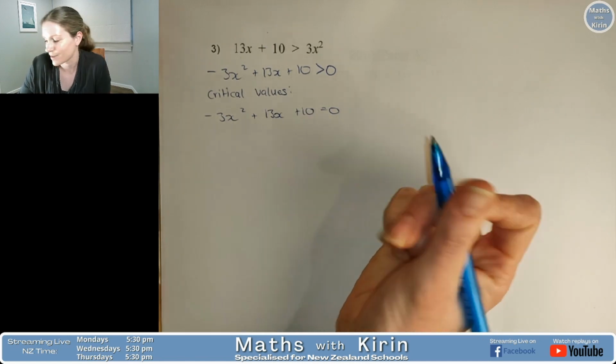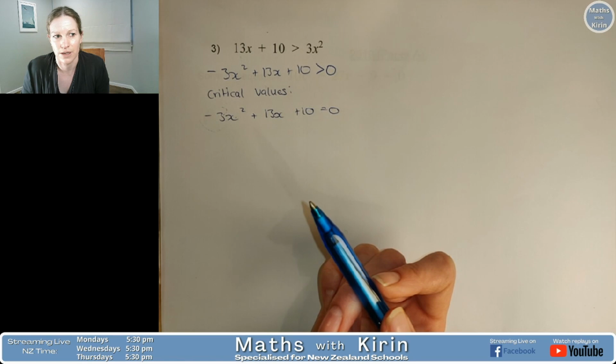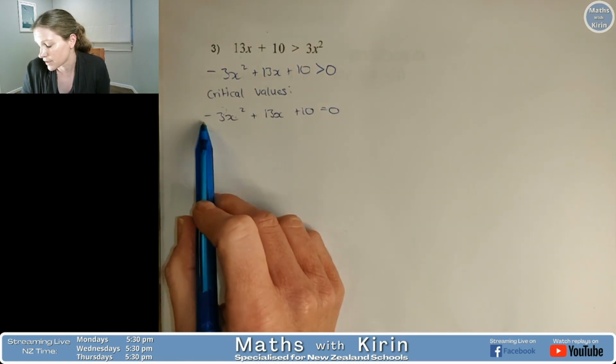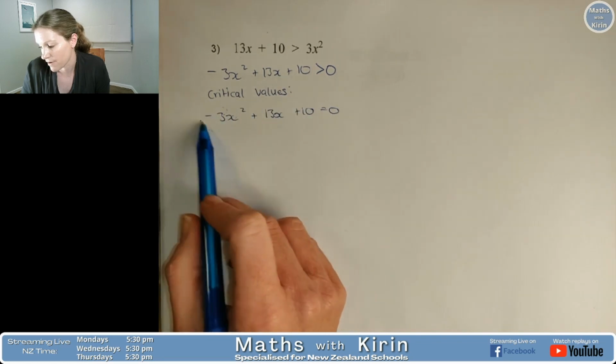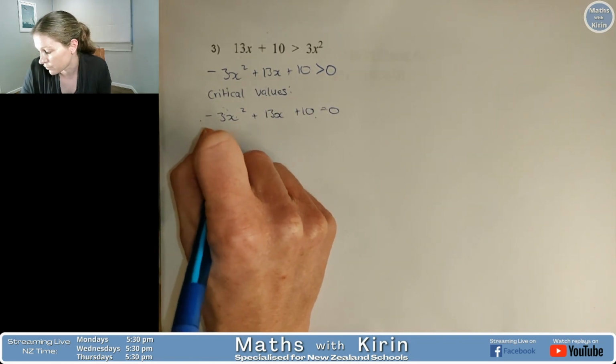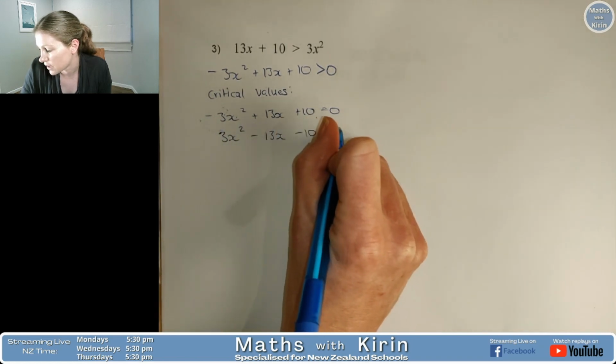Finding those x-intercepts, it's harder to factorise if you have a negative 3x squared. Some people find that quite tricky. So what we can do is multiply everything by negative 1. So we get positive 3x squared minus 13x minus 10 is equal to 0.